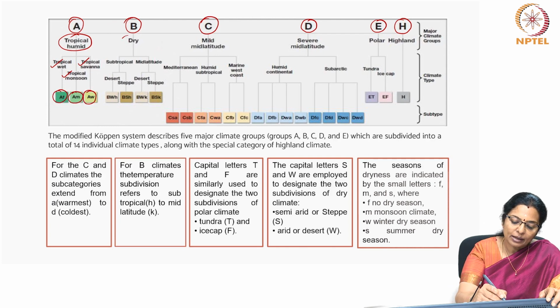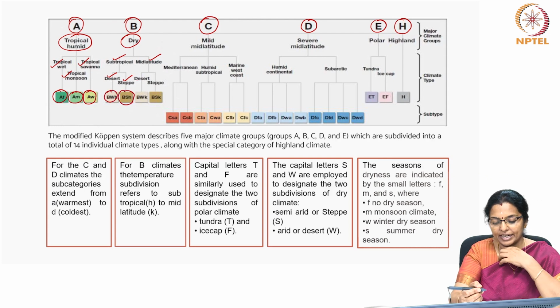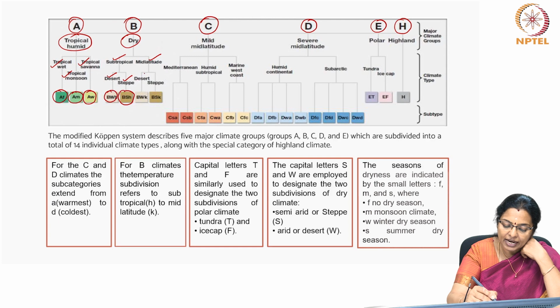The dry climate is subdivided into subtropical and mid-latitude. Subtropical is classified as desert type and steppe type with their own notations or indications. The mid-latitude is further classified as desert and steppe.